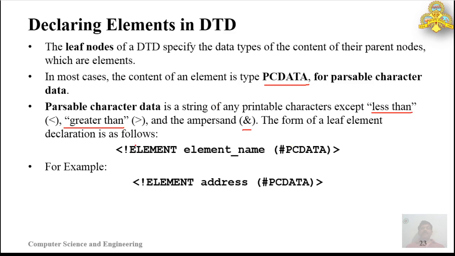The reason is that in XML we use these symbols to specify the start and end of the tag name. So if I include these symbols within the tag, it will be ambiguous for the XML processing software. So PCDATA excludes these three symbols, that is less than, greater than and ampersand.